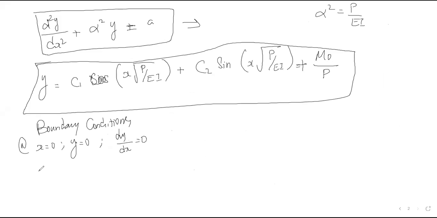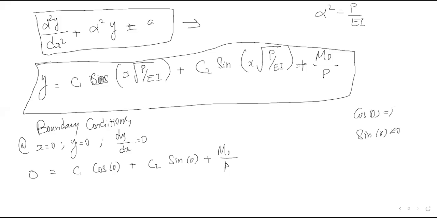Now we are going to substitute this. So x is equal to 0, y is equal to 0. So 0 is equal to C1 cos 0 plus C2 sin 0 plus M naught by P. Cos 0 is equal to 1 and sin 0 is equal to 0. So if I substitute this, I know that C1 is equal to minus M naught by P, which is a constant value. Next I am going to substitute for another equation.